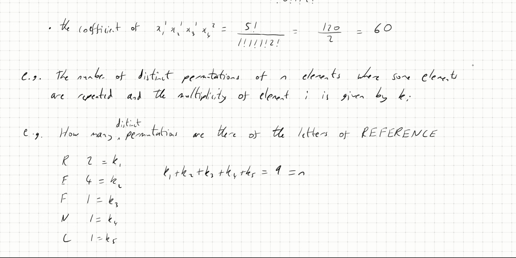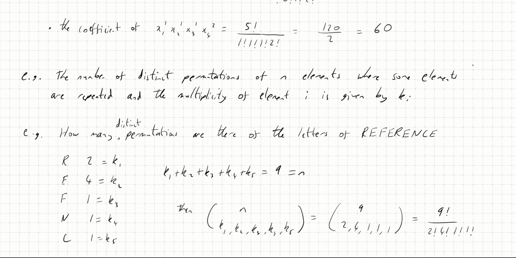Okay, then permutations. We just need the multinomial coefficient. So we're going to have n; k1, k2, k3, k4, k5 equals, well, n is 9 and k's are 2, 4, 1, 1, 1, equals 9 factorial over 2 factorial, 4 factorial, 1 factorial, 1 factorial, 1 factorial.